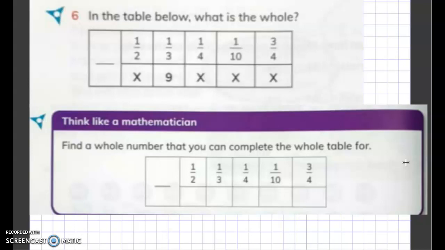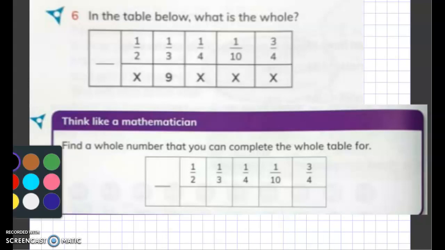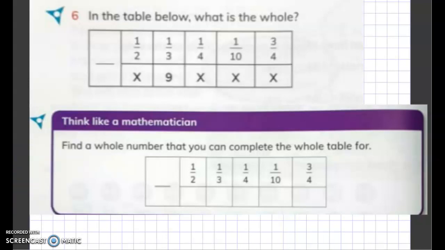In the table below, what is the whole number? Now we're looking for the whole number. We are working backwards. Okay, nothing is possible here. Nope, nope, nope, nope. We can't divide them without a remainder, so there's nothing here.